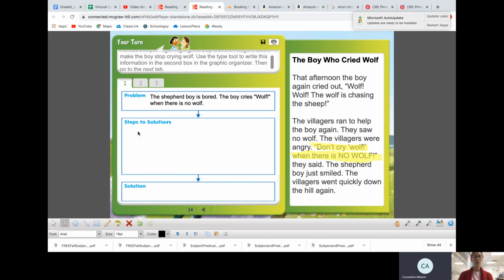Okay, so steps to solution. Let's go ahead and write down. I want you to do this with me. We're going to write the villagers tried to tell the shepherd boy not to cry wolf when there is no wolf.